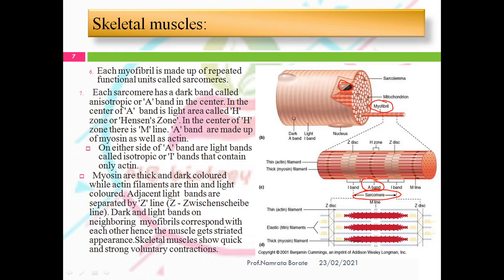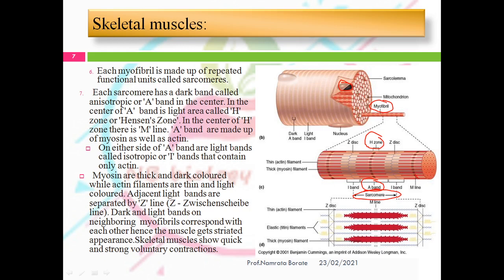This A band is present in the center. In the center of the A band, there is the H zone. This H zone is also called the Hensen zone. In the center of this H zone, there is the M line.